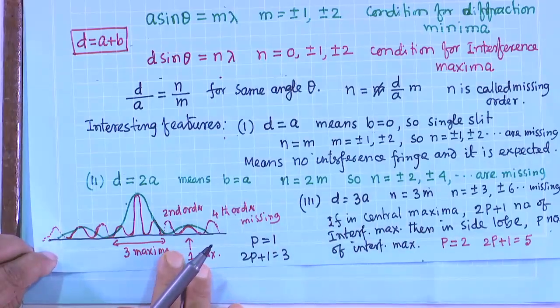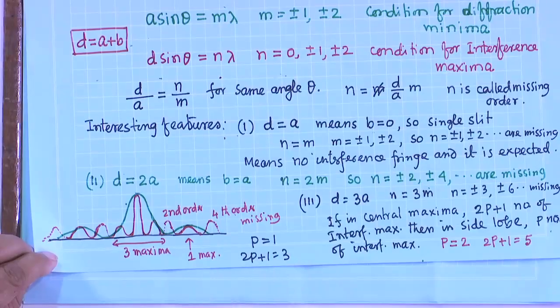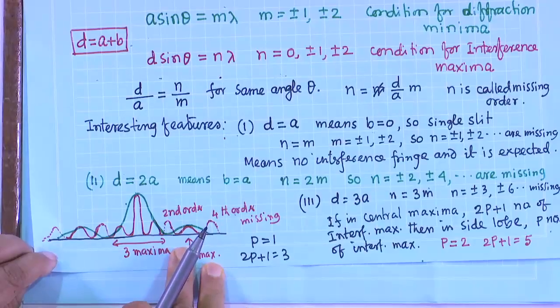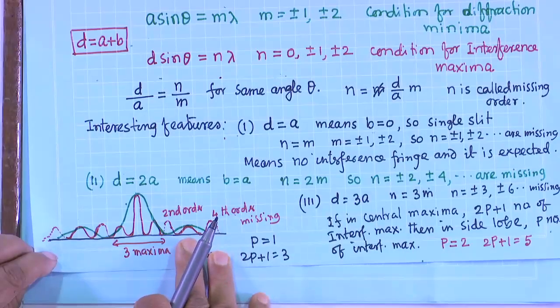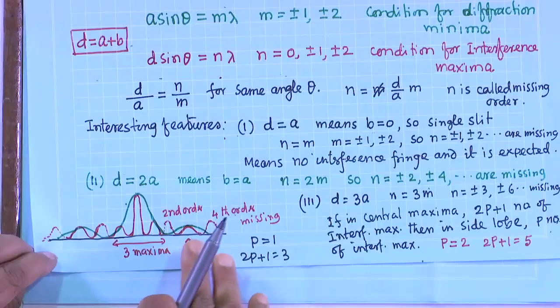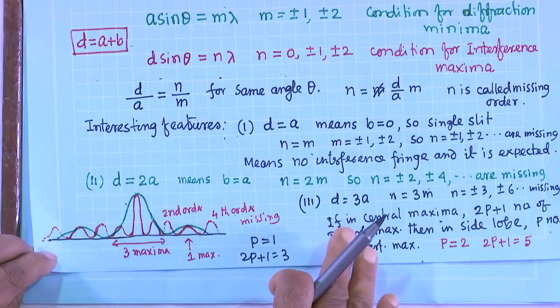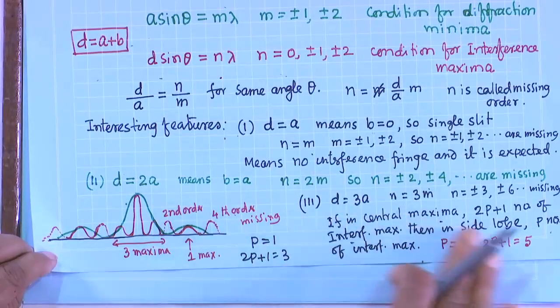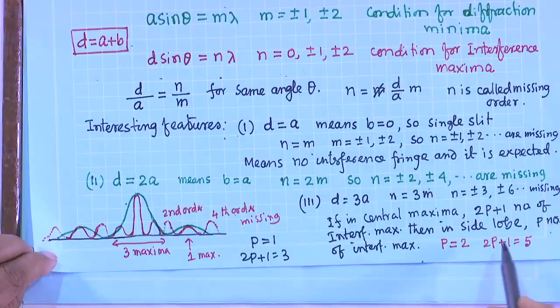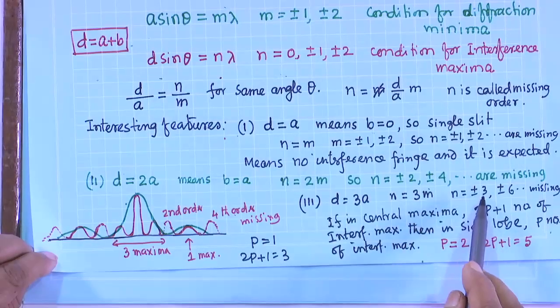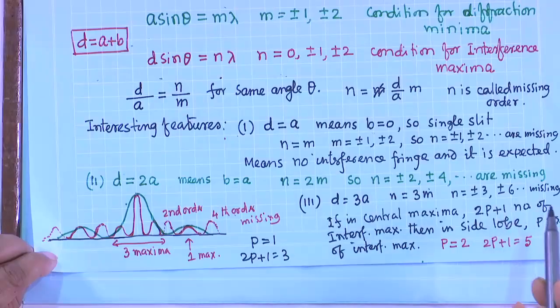In this case 3 plus 1 divided by 2 gives second order. So, that order, second, and integer multiples of it will be missing: 1 into second, 2 into second means 4, 3 into second means 6. In the other case, the third order and then 2 into 3, 6th order, 3 into 3, 9th order will be missing. Okay. So, these are the missing orders.